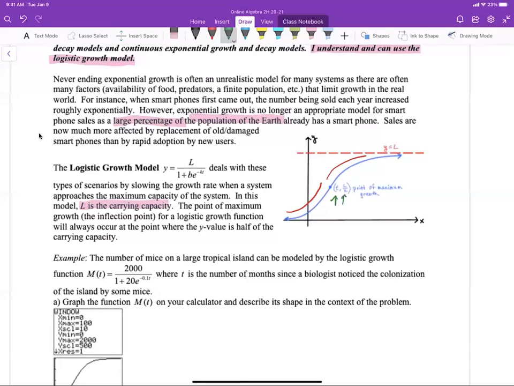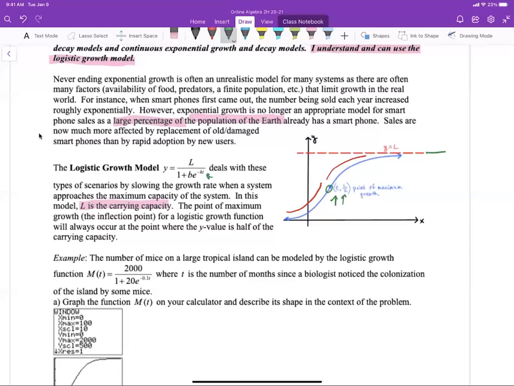So this is where the inflection point will be. Again, this is going to approach some maximum amount, and this is considered a horizontal asymptote. One way we can find where that is located is to determine the end behavior of this function as t reaches infinity.